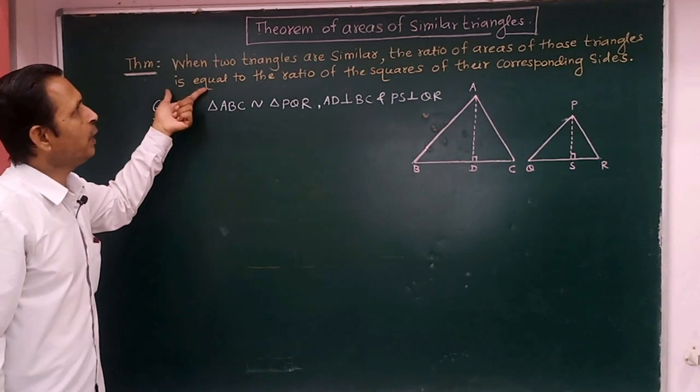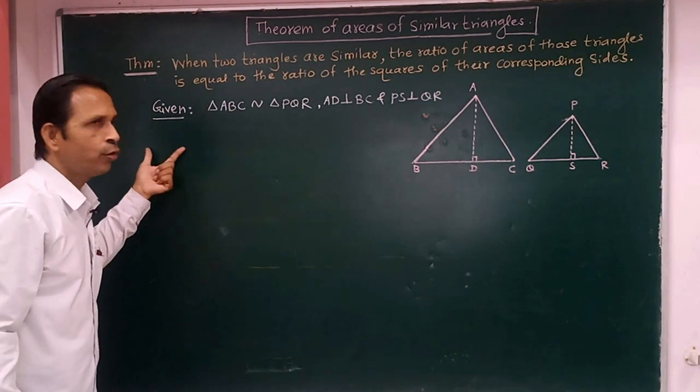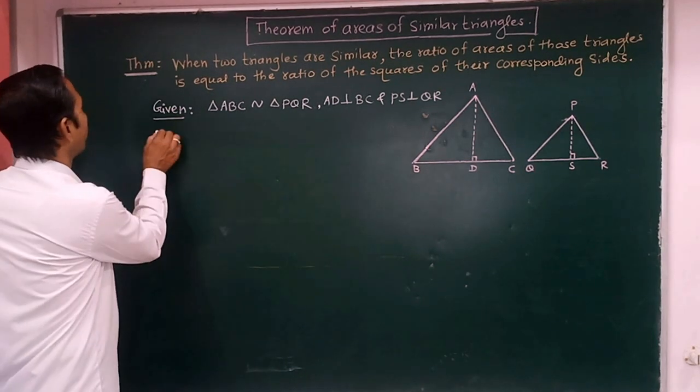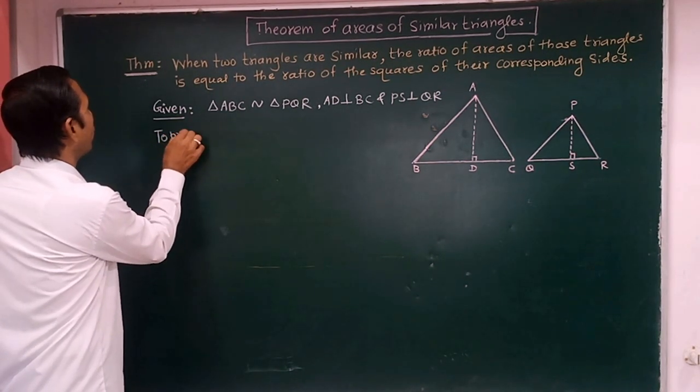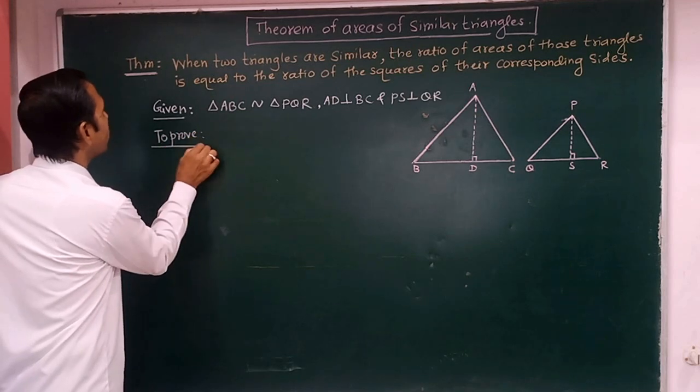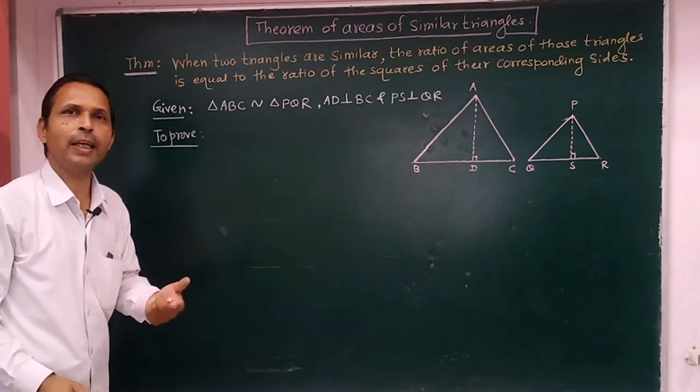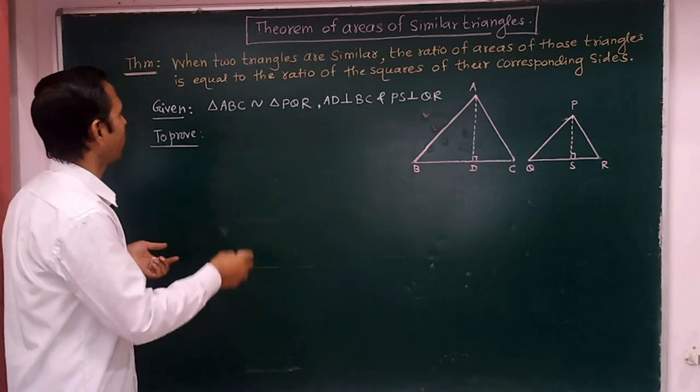Now after reading this theorem, what do we have to prove? We have to write here: to prove. We prove the relation between the ratios of the areas of the similar triangles.